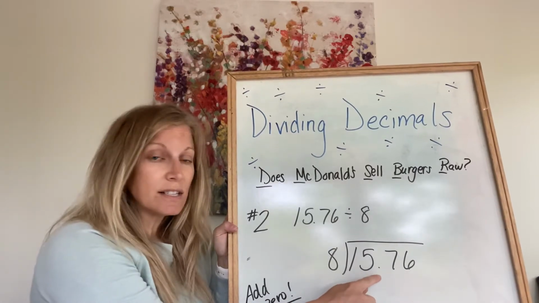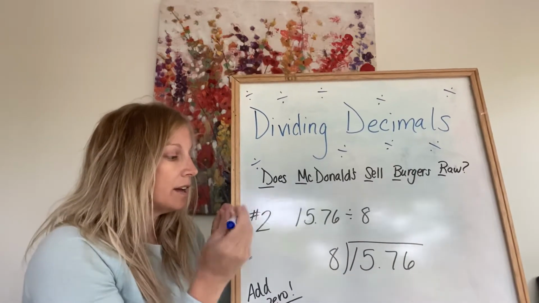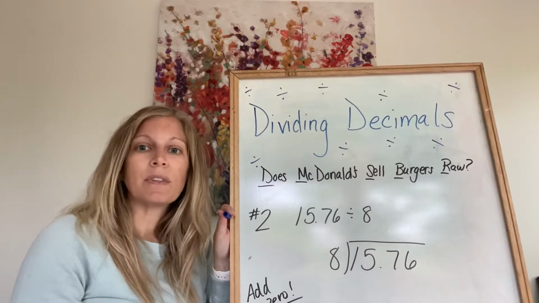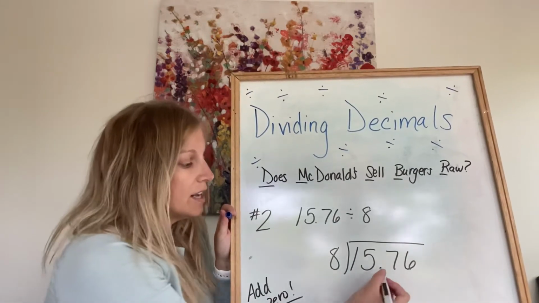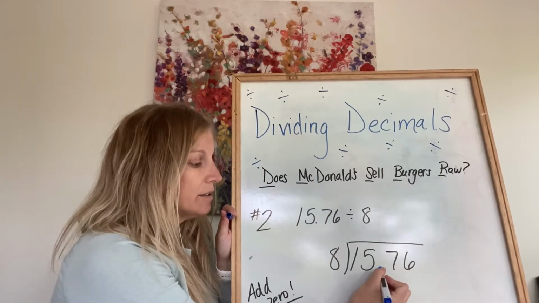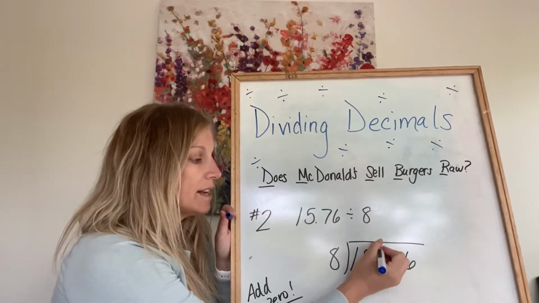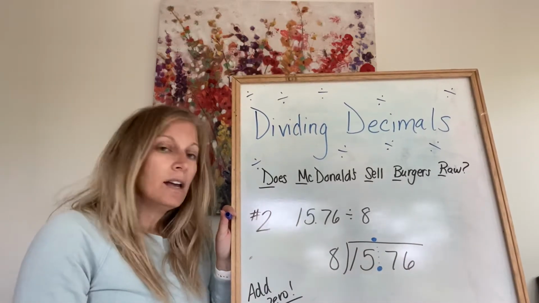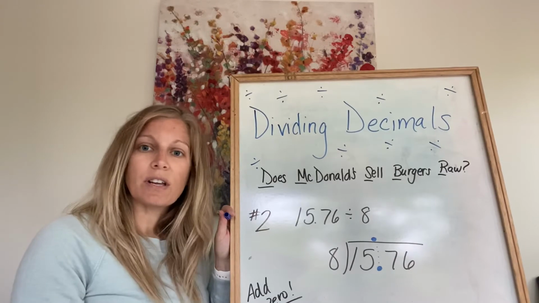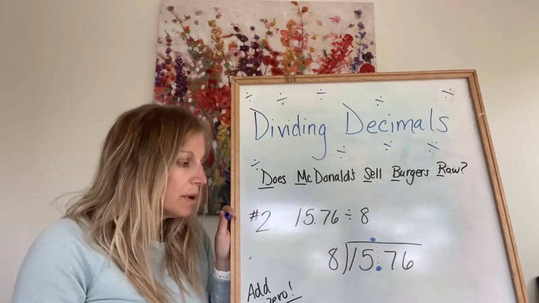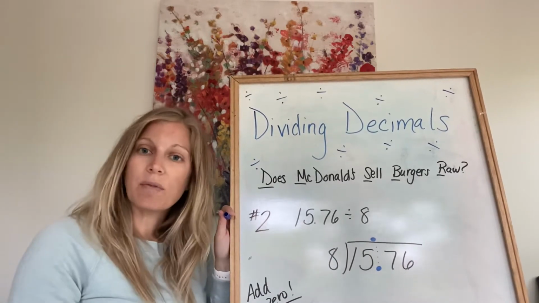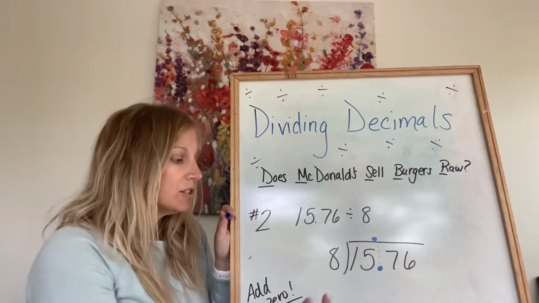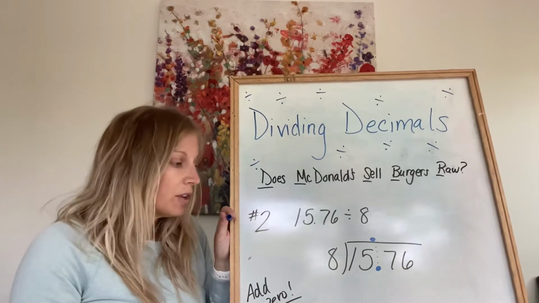Since it's just in the number inside the box, the only thing we do that's different than regular division is if we have a decimal right here, we just bring it straight up. Okay. And then do our division like normal. It's very important that we put the numbers in the right spaces whenever we are dividing. So I'll review that as we go along.